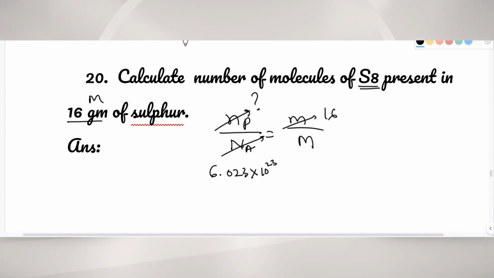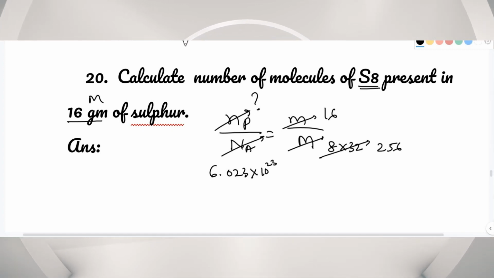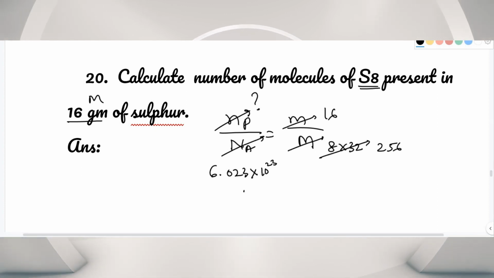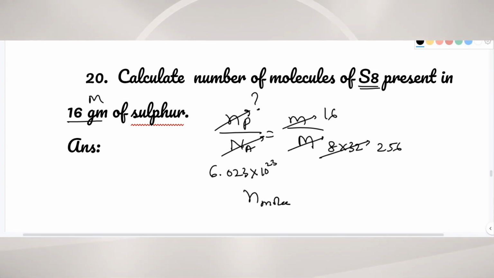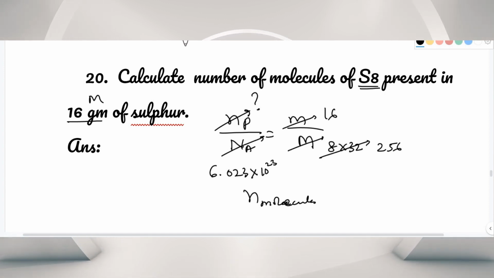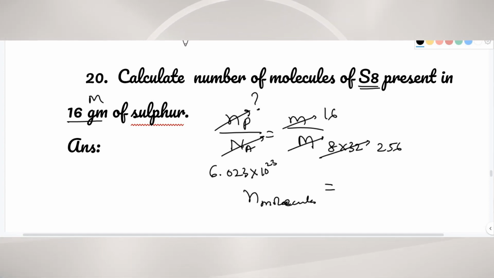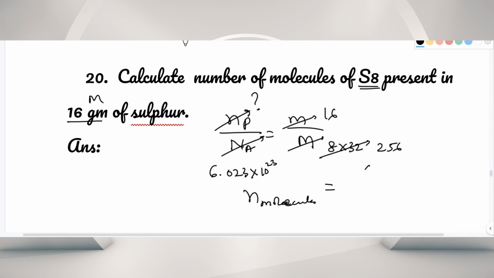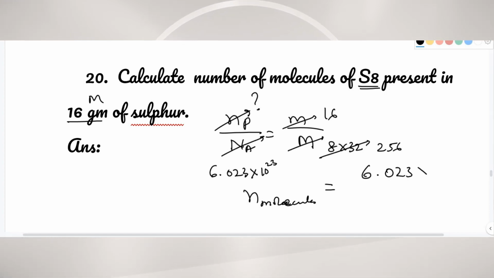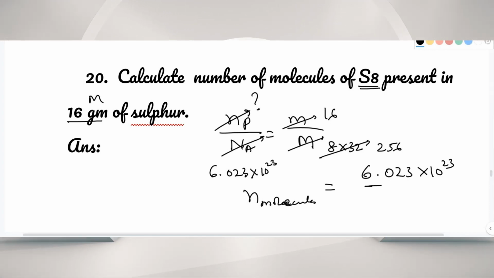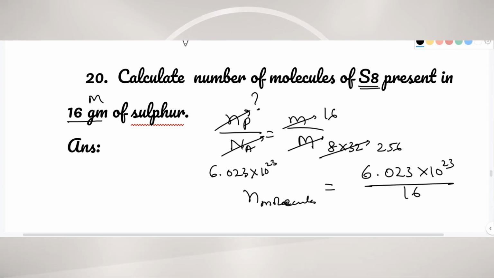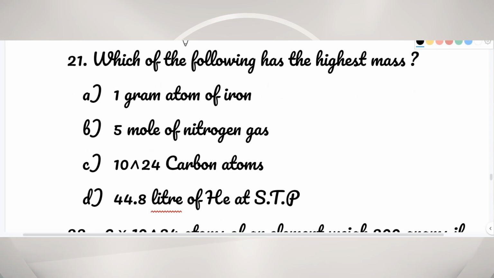Given mass 16, molar mass 8 times 32, that is 256. 16 by 256 is 1 by 16. So number of molecules of S8 present in 16 grams of sulfur is 6.023 into 10 to the power 23 over 16. So you have to calculate this and you get your answer in terms of this many molecules are present.